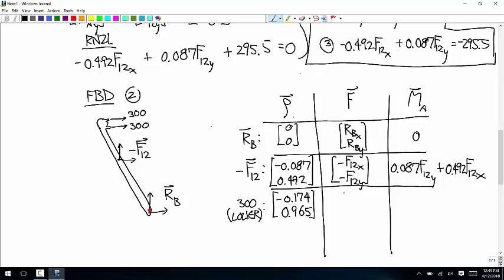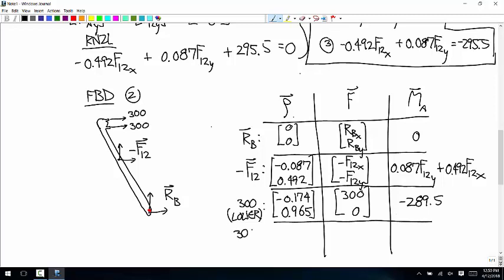The force vector is 300, 0. And what's 0.965 times 300? Okay, so we got negative 289.5.